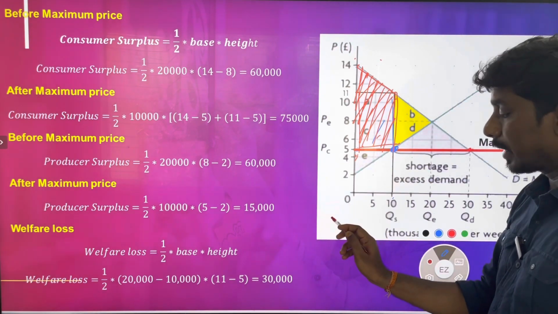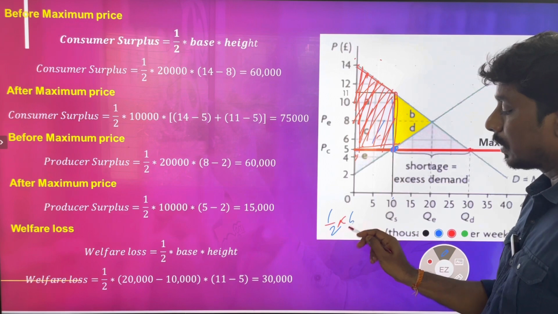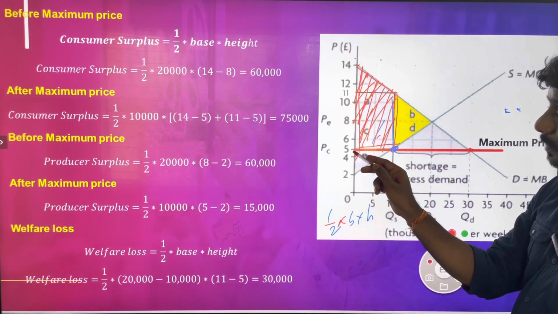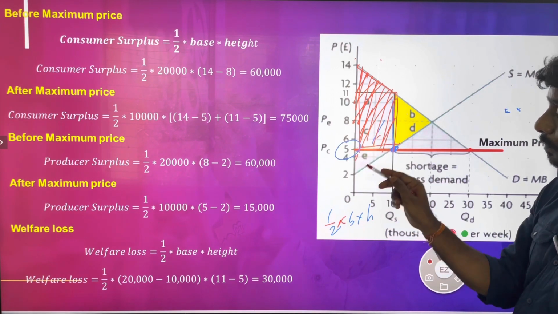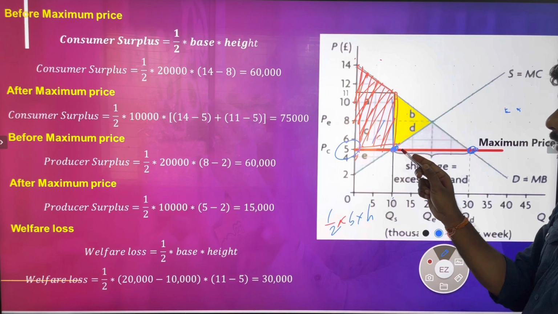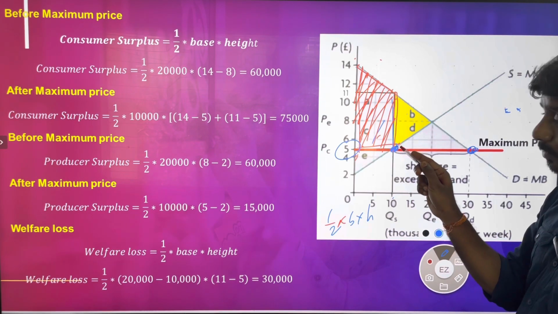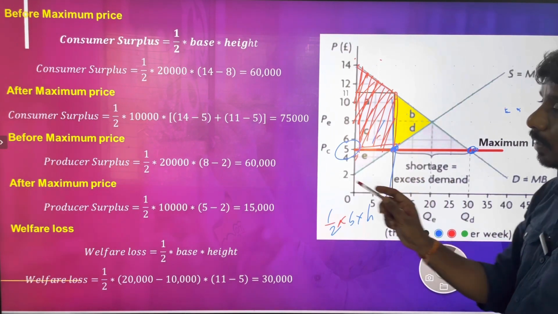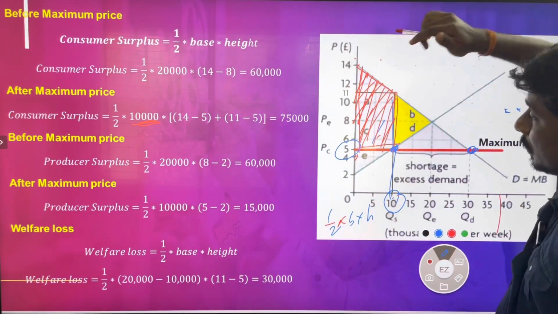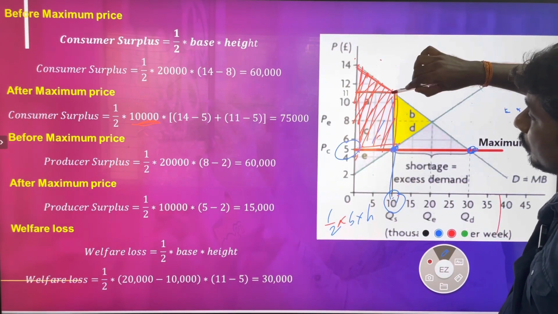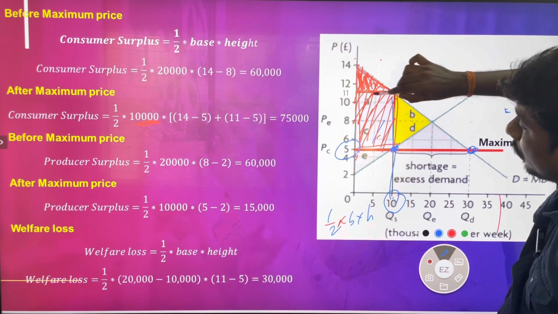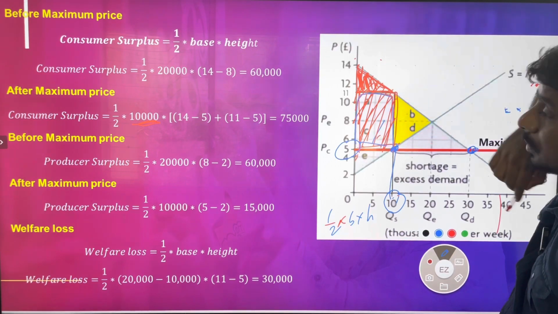So the formula is again half into base into height. Here after the maximum price is set, the quantity supplied is this much. Even though the quantity demanded is this much, the market is supplying this much only. So half into 10,000, and this triangle plus this rectangle, we are adding this one, right?